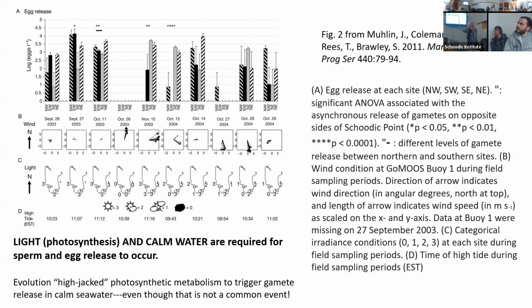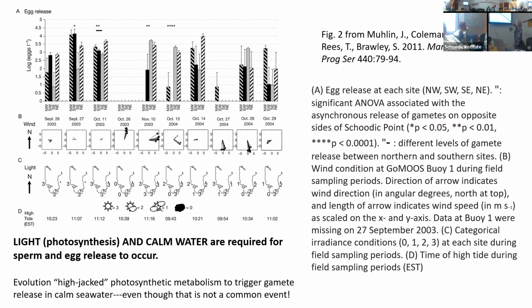We didn't capture any gamete release. There are other times where you can see that there are 3s around the point, and so at each of our 4 sites, we saw a lot of gamete release.